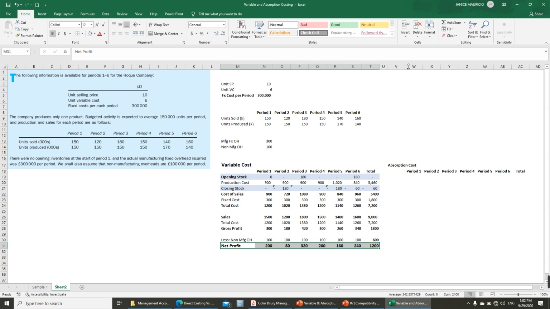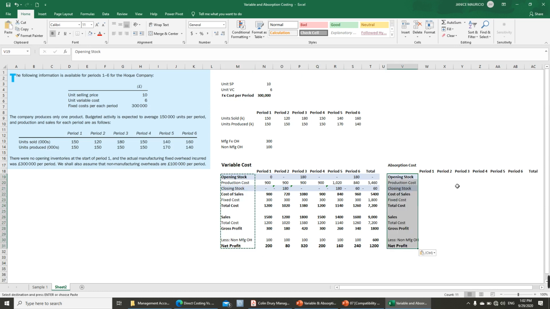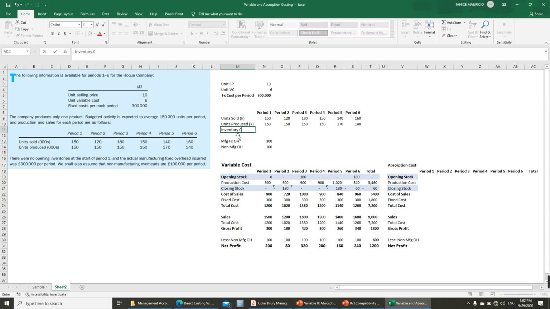Okay, let us try to do the same for the absorption costing. So now we will see what is the difference between absorption costing and variable costing. In absorption costing, we should remember that the value of the inventory cost doesn't only consider the unit variable cost, but it also considers the fixed manufacturing overhead.